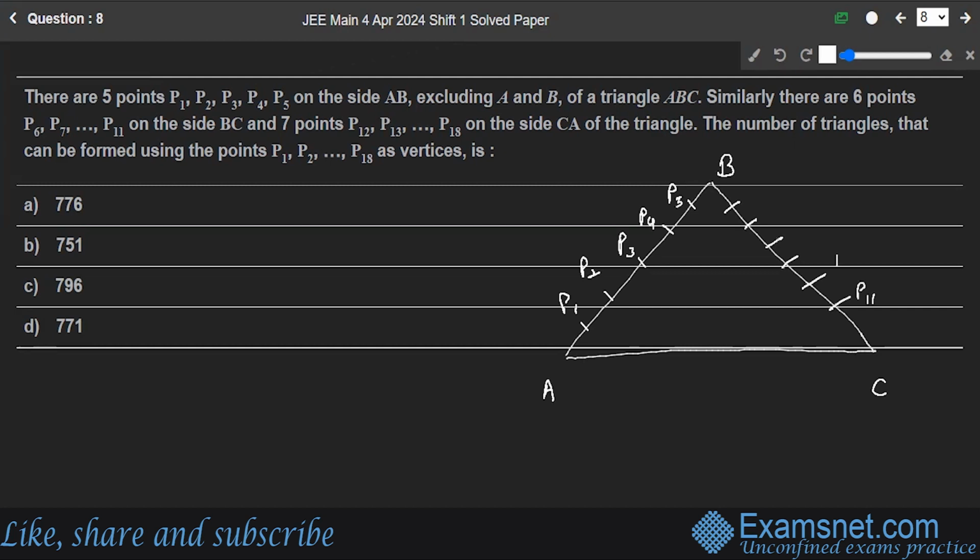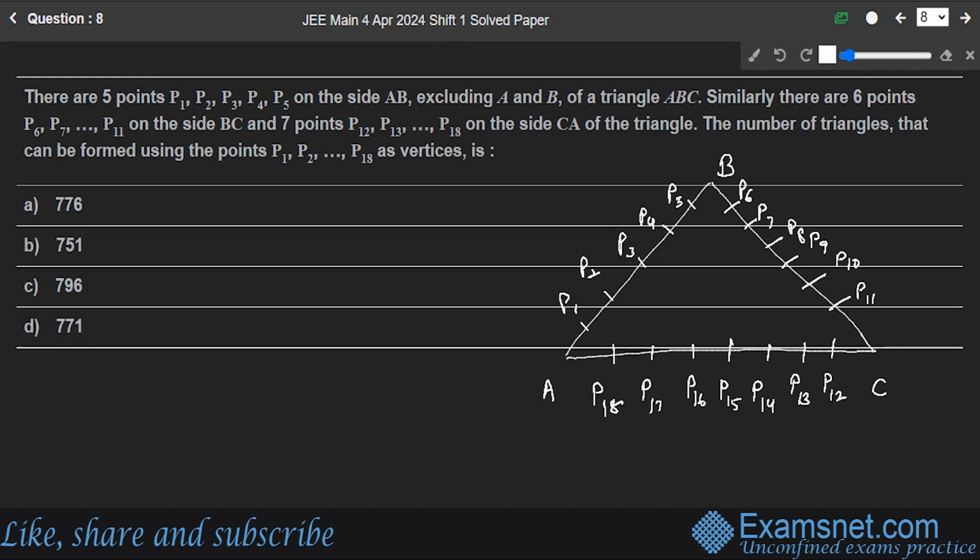So this is P11, this is P10, P9, P8, P7, and P6. And CA is having the points 12, 13, 14, 15, 16, 17, and 18, right? Okay.